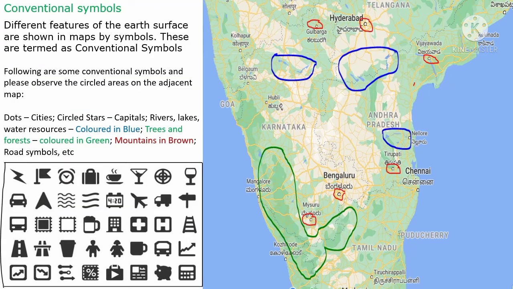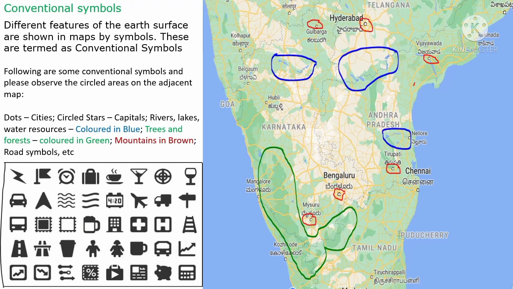Next, conventional symbols. Different features of the earth's surface are shown in maps by symbols. These are termed conventional symbols. On the map you cannot show all those features, so you will simply be given some symbols to make us aware. Those are conventional symbols.